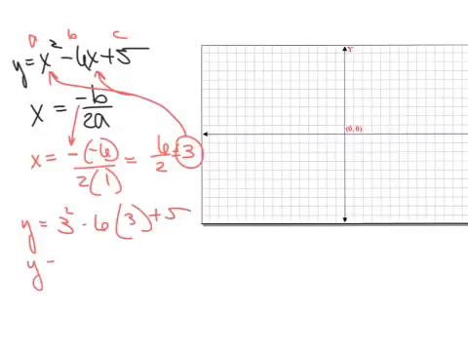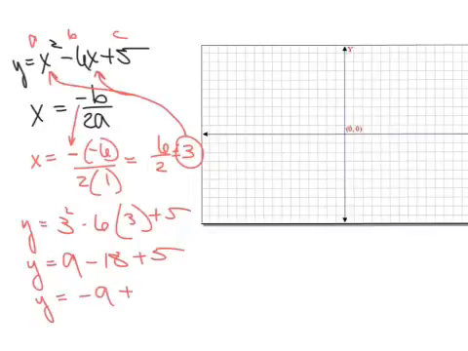So that's going to give me 9 minus 18 plus 5, or y equals negative 9 plus 5 equals negative 4. So my vertex is going to be at the point (3, negative 4).